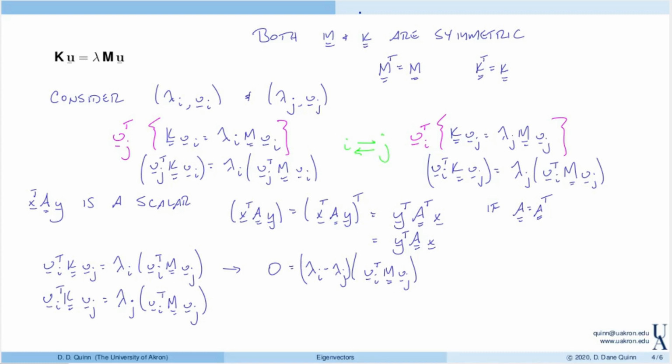Right, so that's actually fairly important, right? Because the right-hand side can only vanish in one of two ways. Either i is equal to j, so we're dealing with the same eigenvector here. But if they're different eigenvectors, and in particular if lambda i is not equal to lambda j, then this quantity is not 0, which means this is.